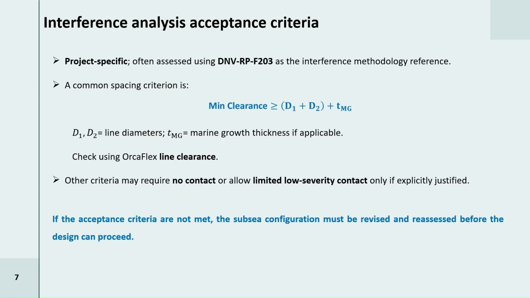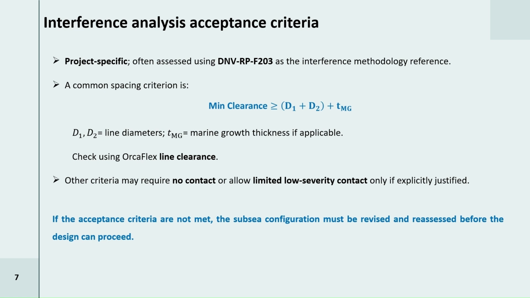Interference acceptance criteria are project specific. In many projects, the interference methodology reference is DNV RP F203. A common minimum spacing rule can be written as minimum clearance greater than or equal to D1 plus D2 plus marine growth thickness, if marine growth is applicable.